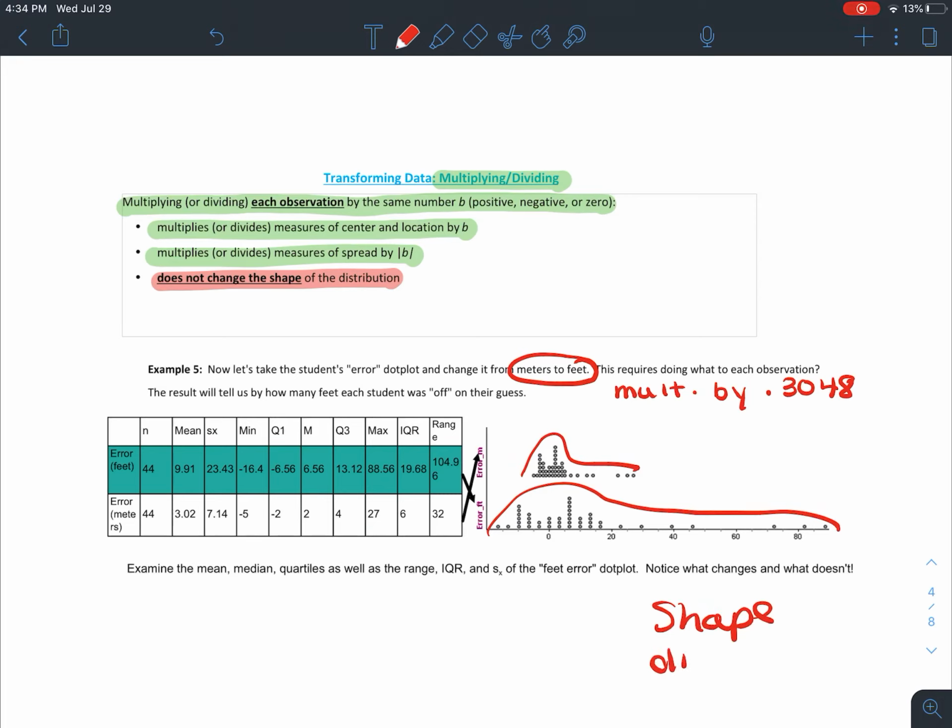So the shape didn't change. However, let's look at the mean, median, quartiles, range, interquartile range, and standard deviation.